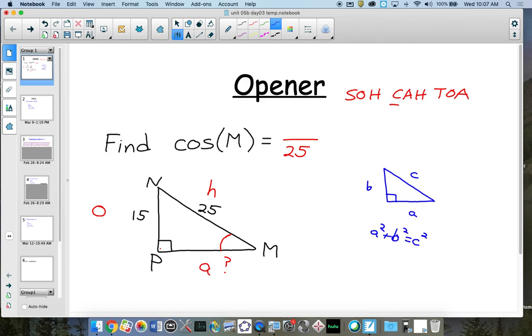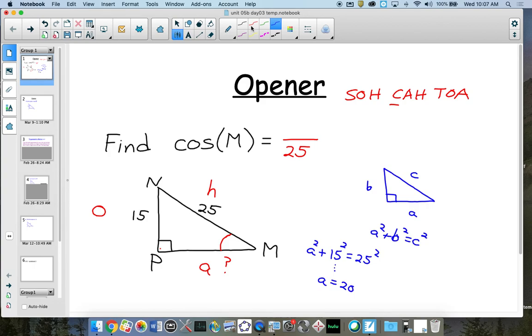So with the Pythagorean theorem, we can set this up and say A squared, which is our adjacent side, plus 15 squared, which is the opposite leg, equals the hypotenuse squared. And then we can grab our calculator and subtract 15 squared from 25 squared. And it turns out that you're going to get A is equal to 20.